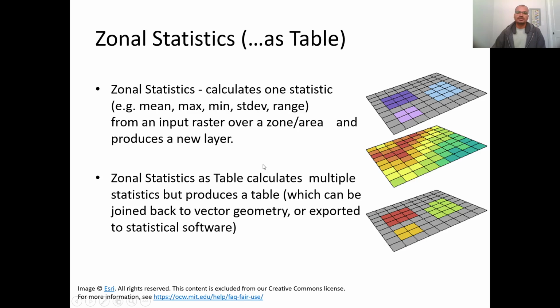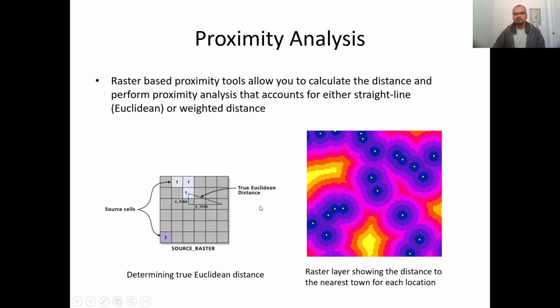You can produce a new raster layer, new vector layer, or even a new table containing these statistics. Using these statistics, with the help of some other statistical software, you can perform traditional statistics as well.